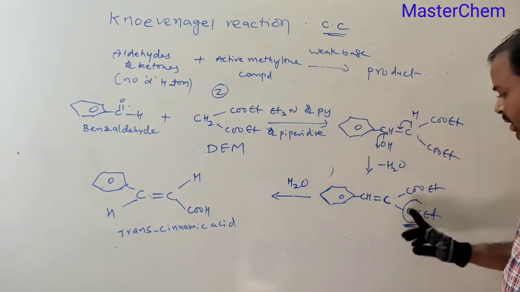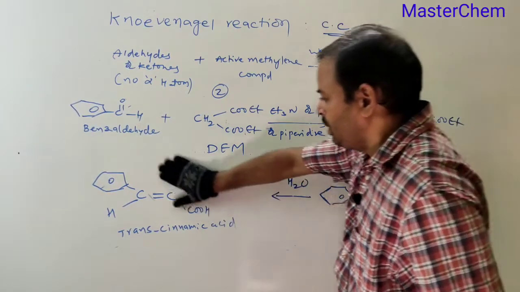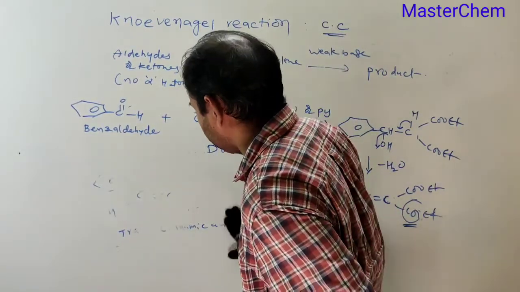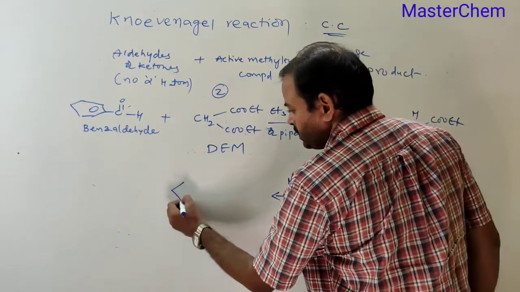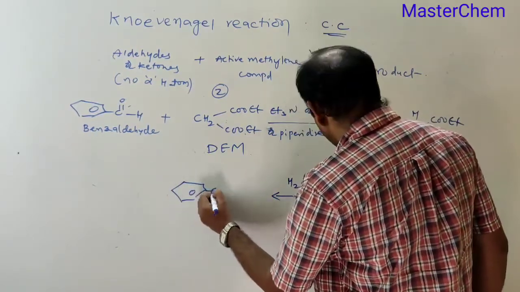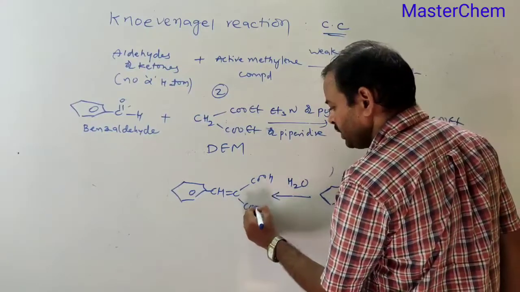By hydrolysis we can convert ester into acid. What does it give? C6H5CH double bond C, COOH, COOH.